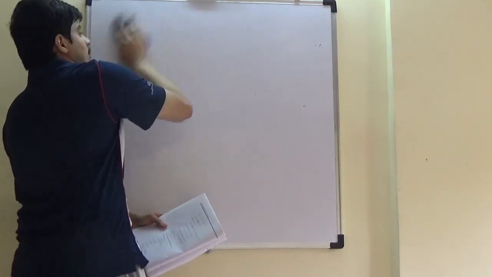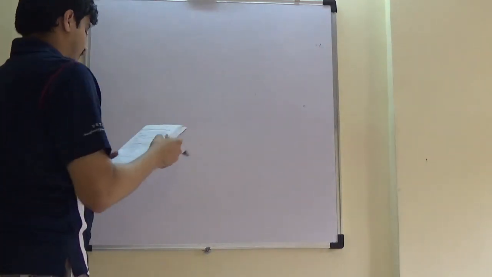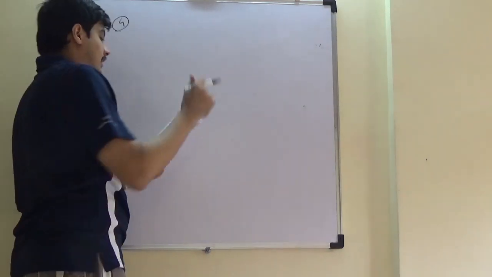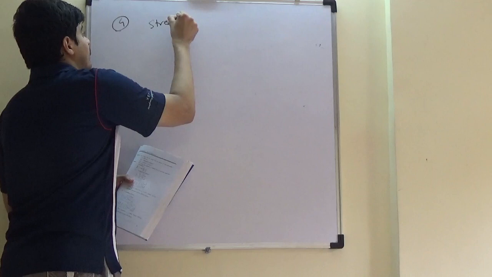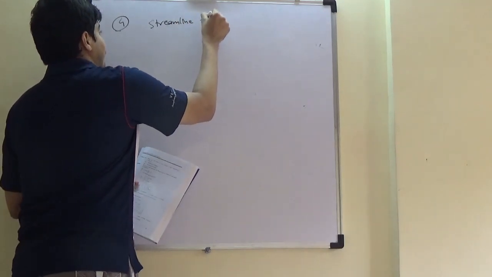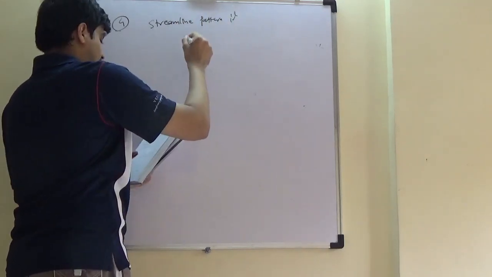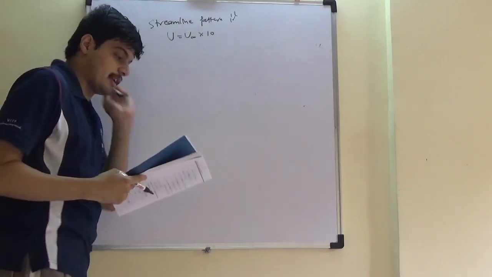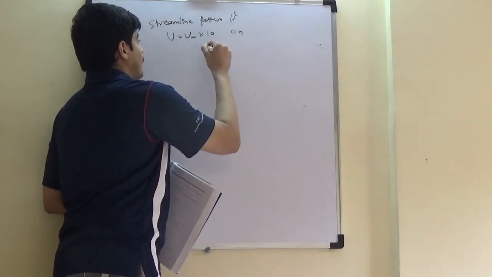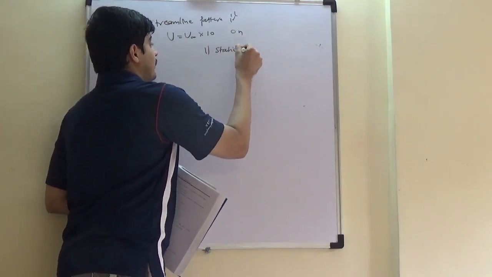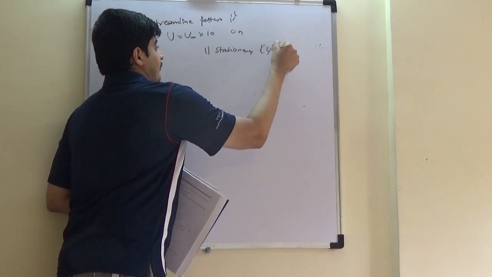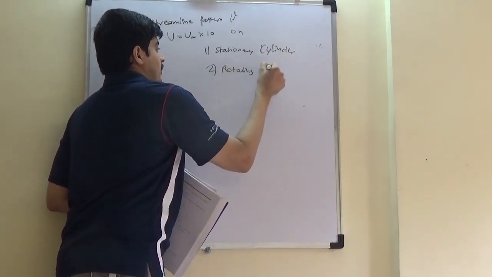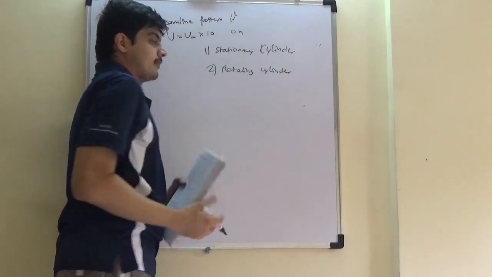So I think this is the most important question, and after having solved this, we should go to the next question, which is question number 4. What will be the effect on the streamline pattern if u is equal to u infinity into 10, so 10 times u infinity, on 1, a stationary cylinder, and 2, a rotating cylinder.